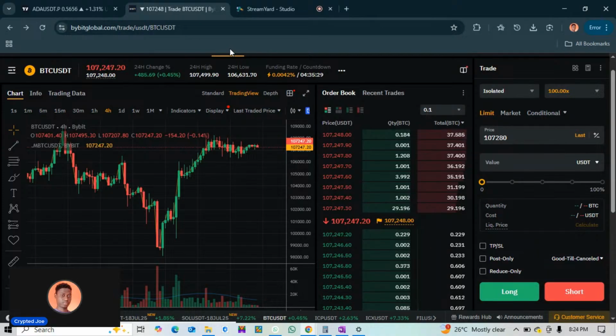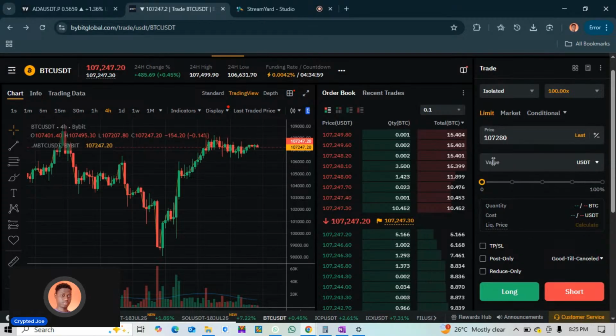For all trades that we enter on Bybit, majorly futures trading, and on all exchanges, they lend us money. We trade with borrowed money, based on that leverage. Let's say you are entering a trade with $10 and you're using 10x leverage.